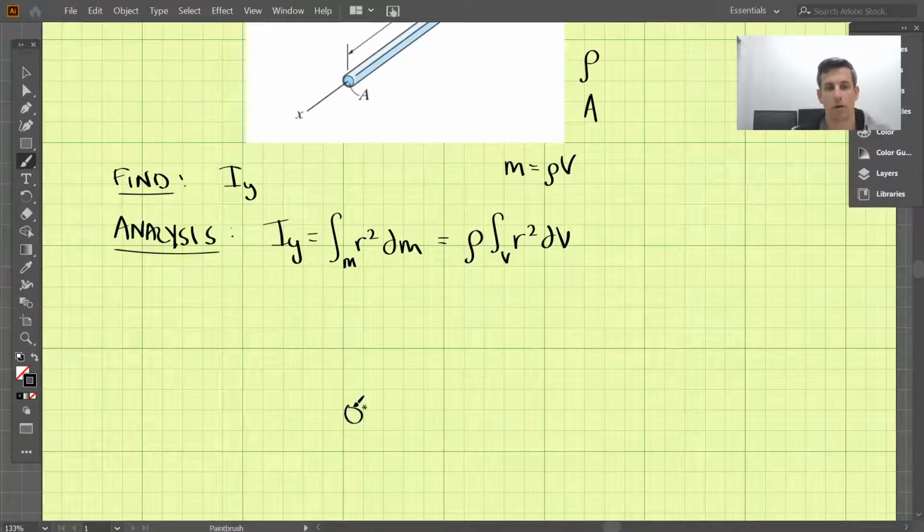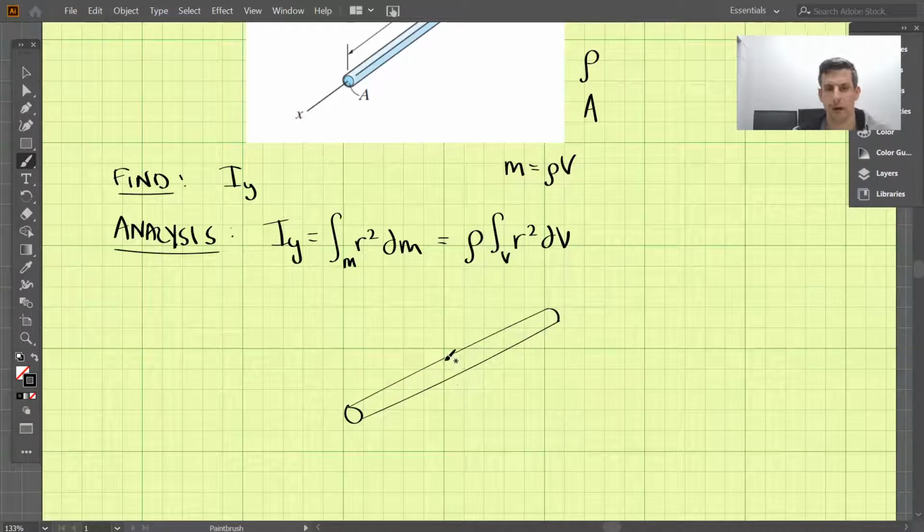Along this tube or pipe, we have a small differential element here. The thickness of that is dx, just a small bit of x.